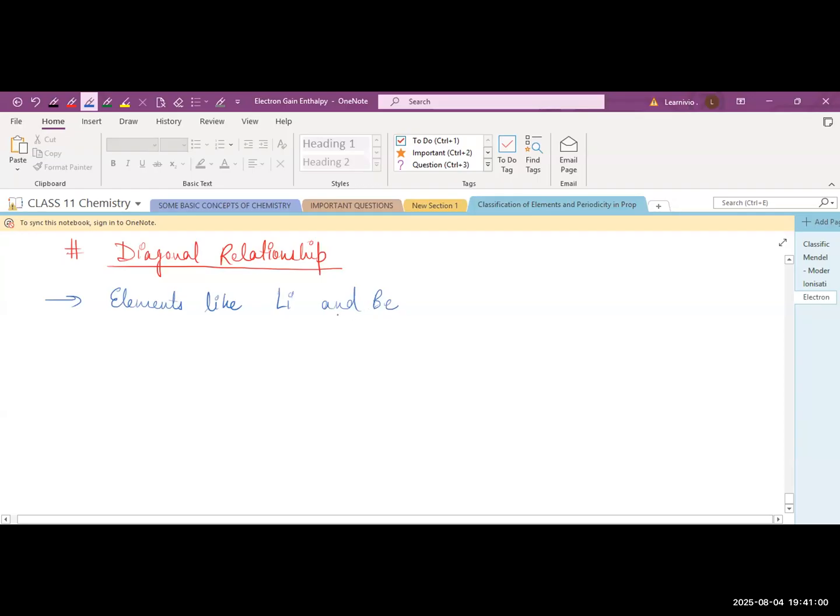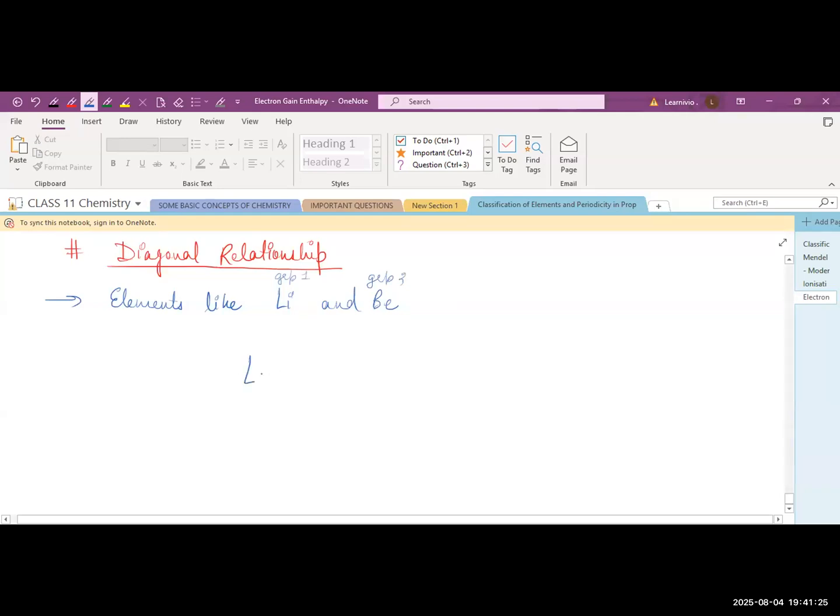And we know that period number two में क्या है? They show anomalous behavior, right? So lithium belongs to group number one and beryllium to group number two, and both belong to period number two. So they show similarity with the second element of the next group.